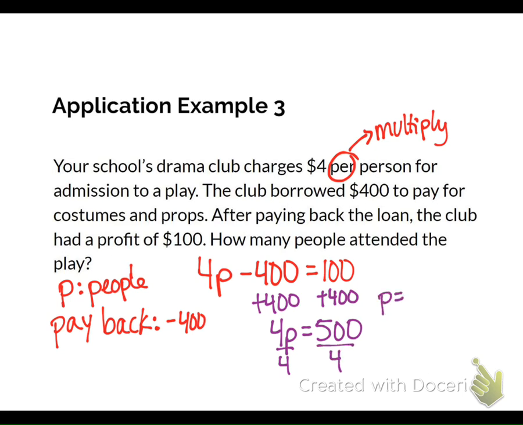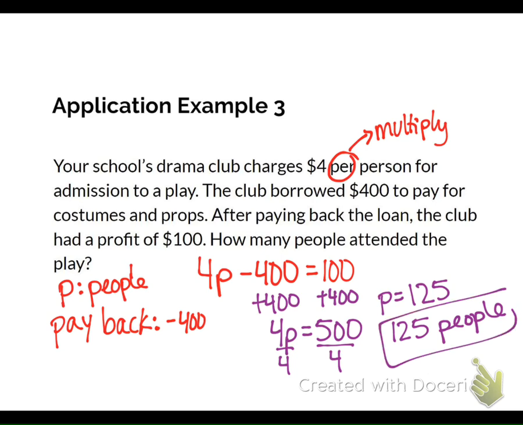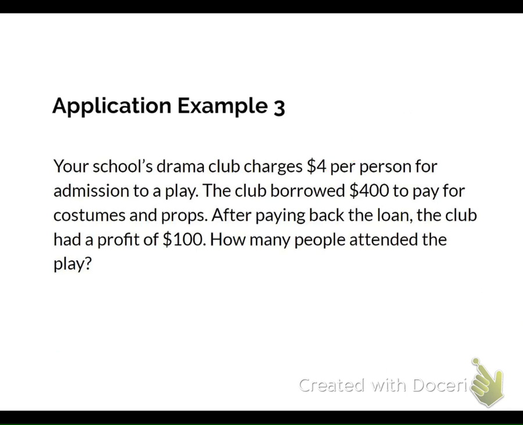And we get that p is equal to 125. So 125 people attended the play. All right, let's go to another example.